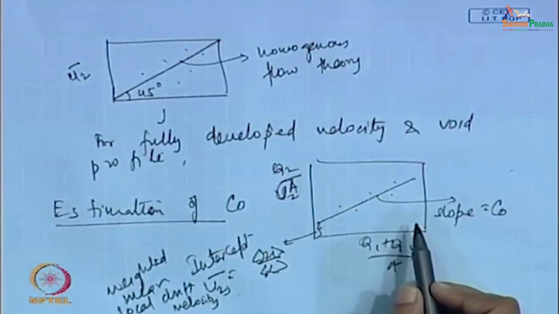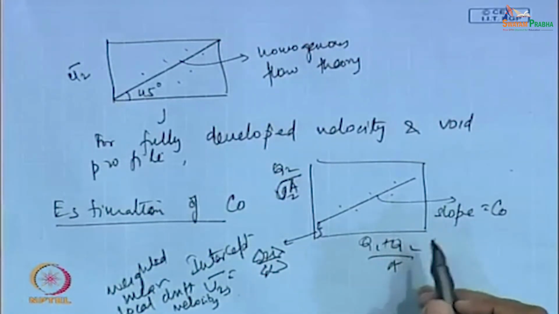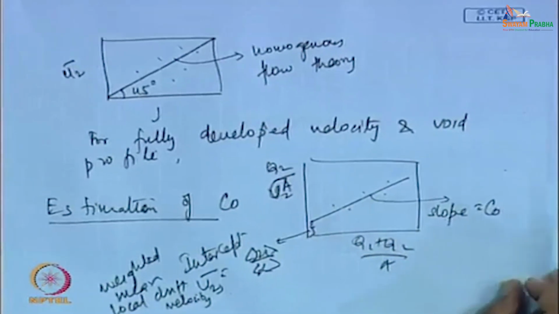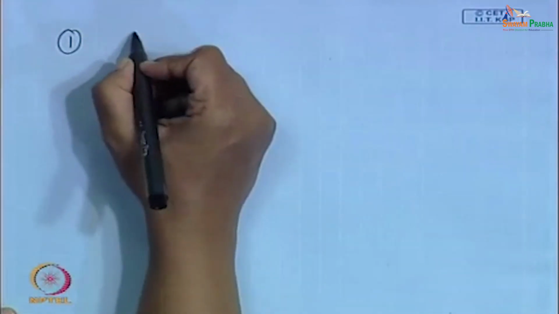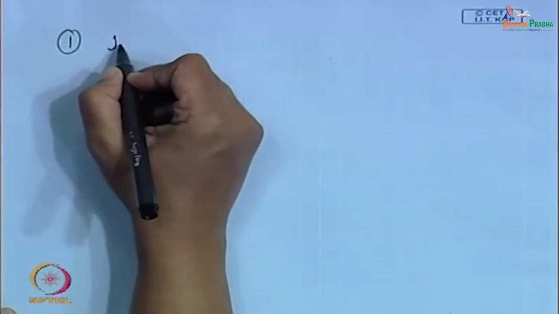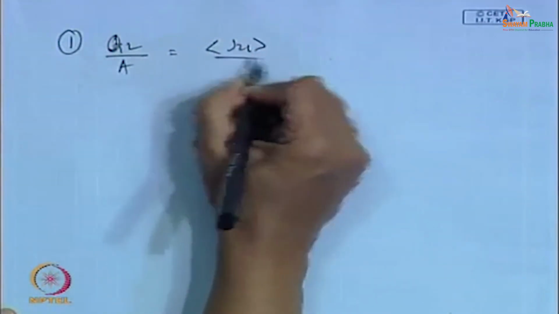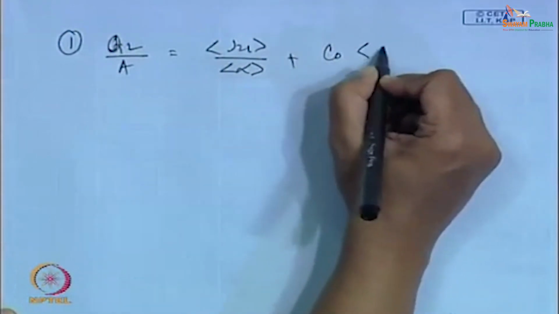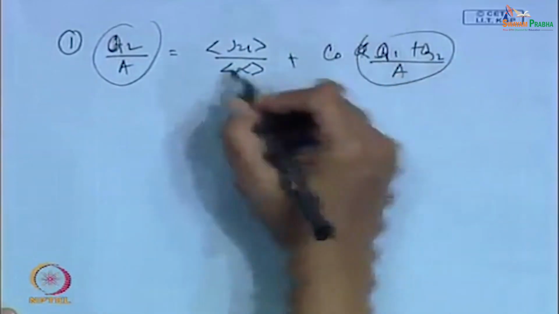When it is varying with time, definitely for temporal variations we cannot resort to this. Okay? But apart from this, there are certain other ways also by which we can find out C0. What are the other ways? If we go to the basic definition of C0, what was the basic definition? So, one way of finding out C0 is from this particular equation; when we plot this versus this, then we can get C0.